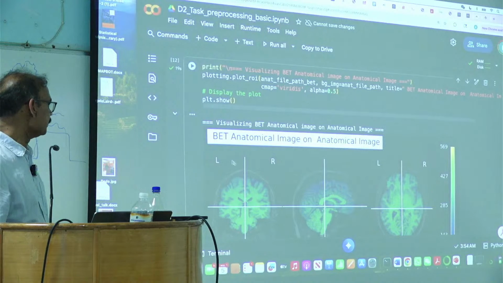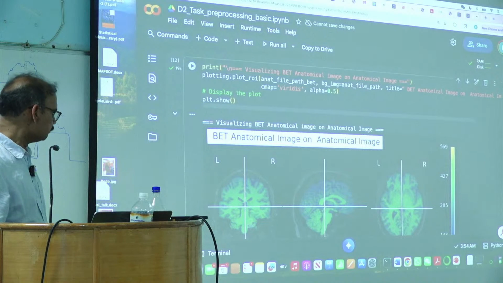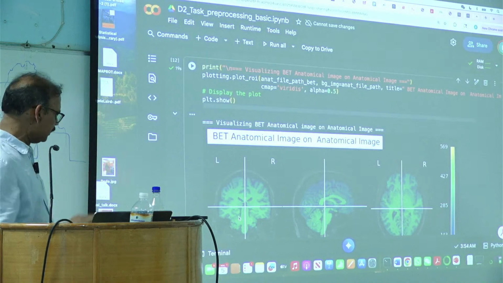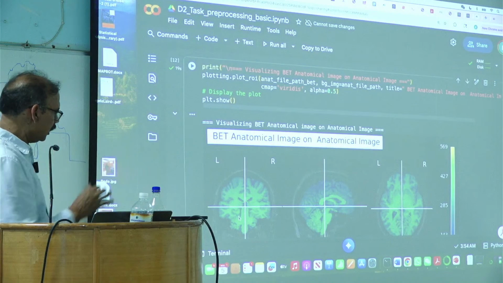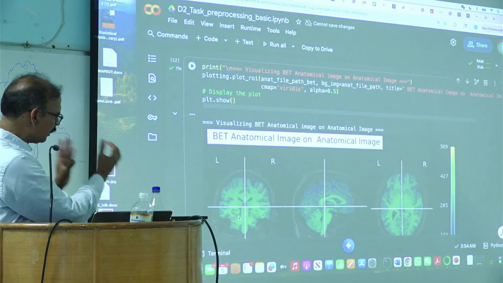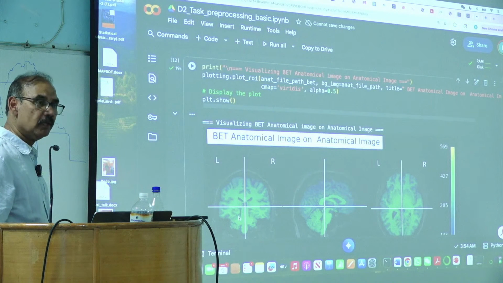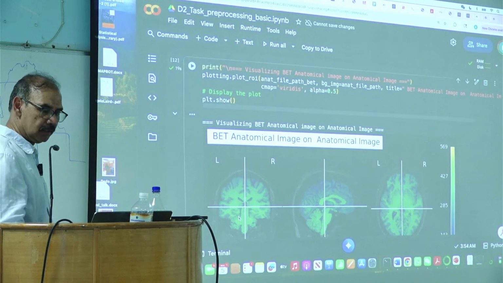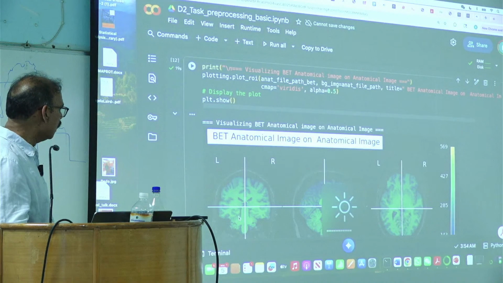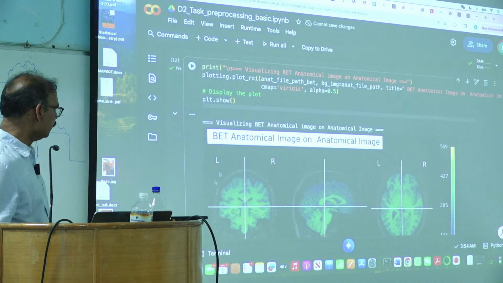Right? So this is anatomical on the anatomical. So it shows a very good segmentation, that only voxels within the brain have survived. Everything outside has been removed, right?